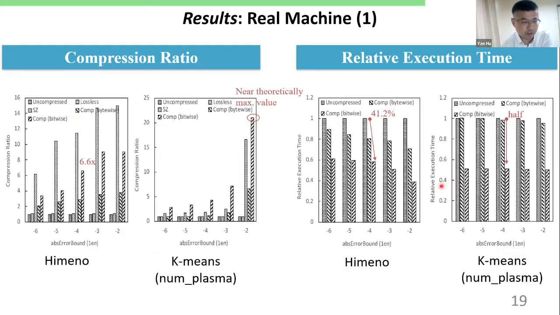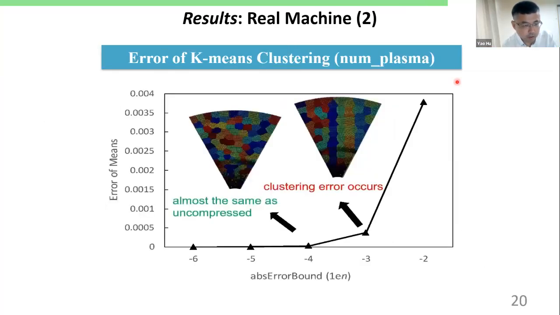Next is the result on the real machine. For these different MPI applications, the proposed lossy compression techniques show the advantage in terms of compression ratio and execution time. And here is the error of the k-means clustering result by using the proposed lossy compression techniques.